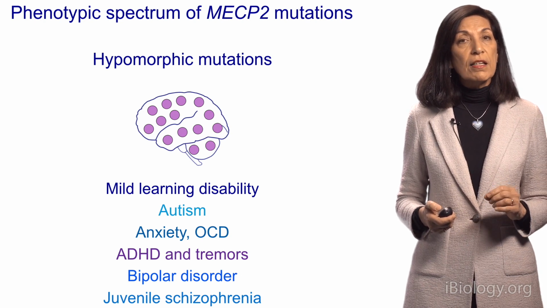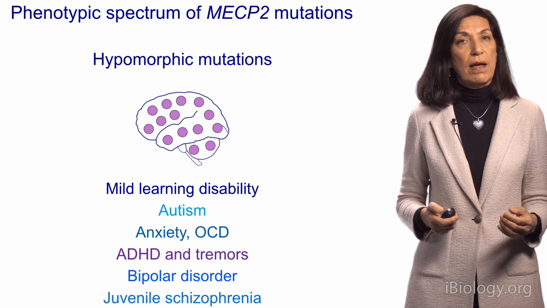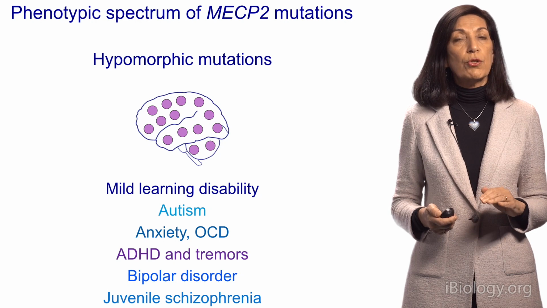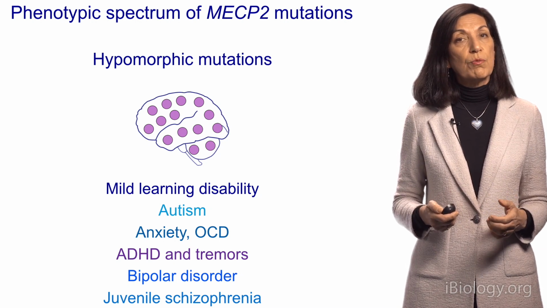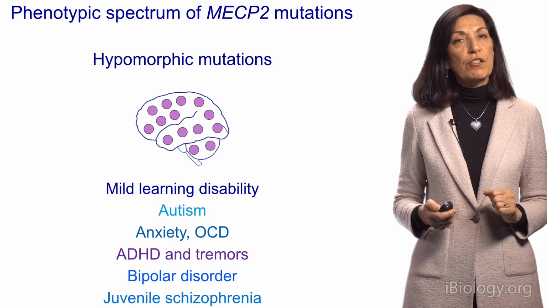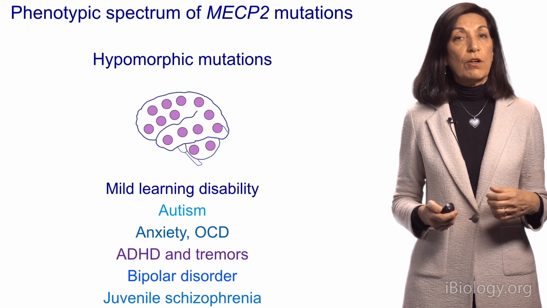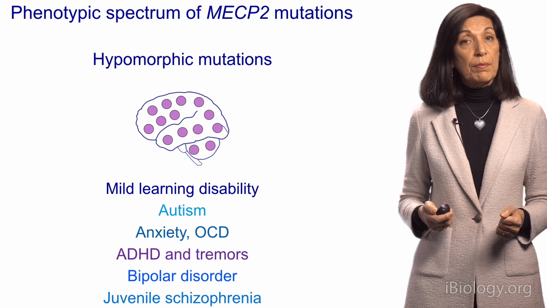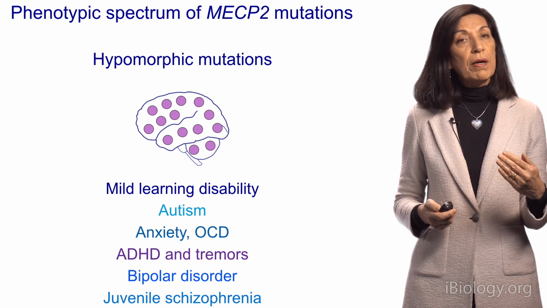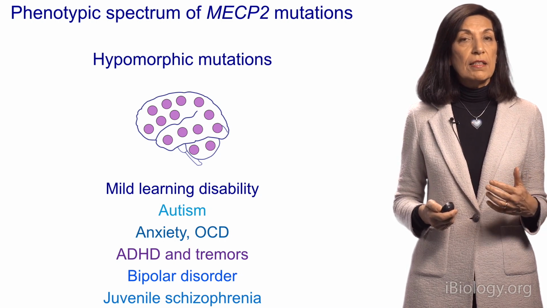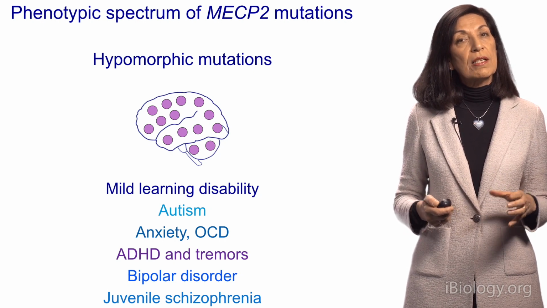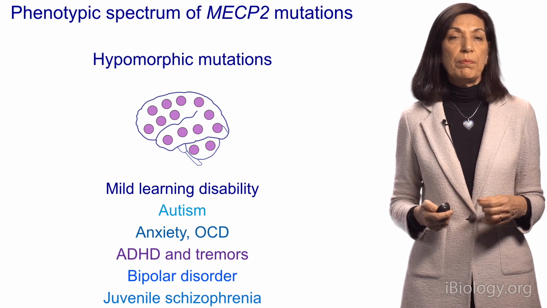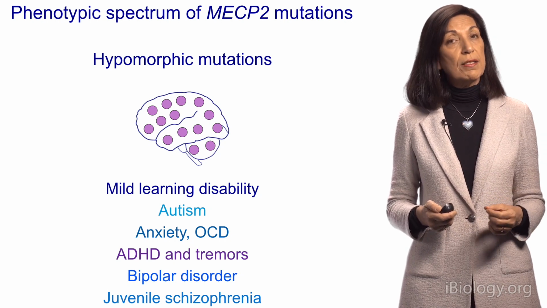We learned that there are mutations that are milder. They're not quite as severe at totally eliminating the protein. And we found that some of these mutations that leave a little bit of a functional protein can cause typically learning disabilities. And then you see a bunch of symptoms that are in different colors. The reason these symptoms are in different colors is because they're not all in the same patient. One patient may have learning disability and autism.